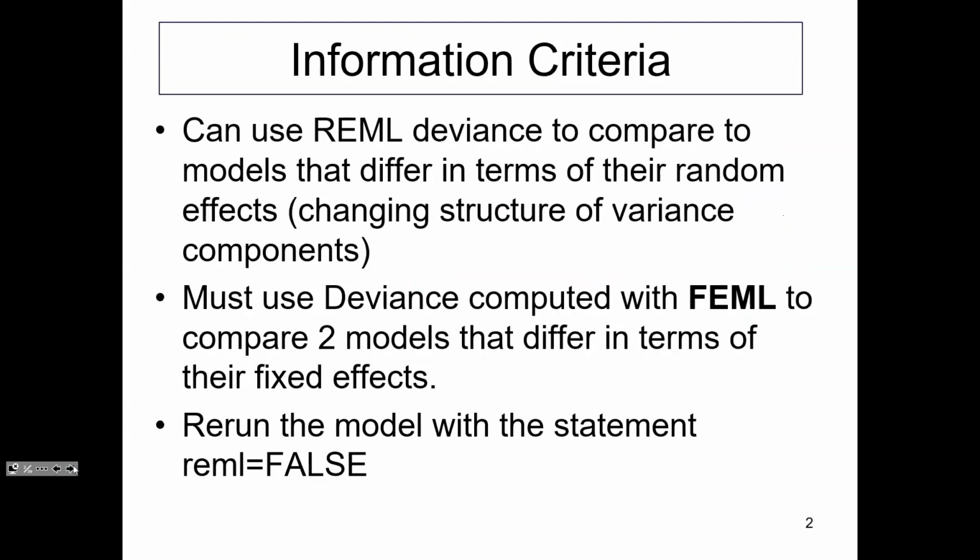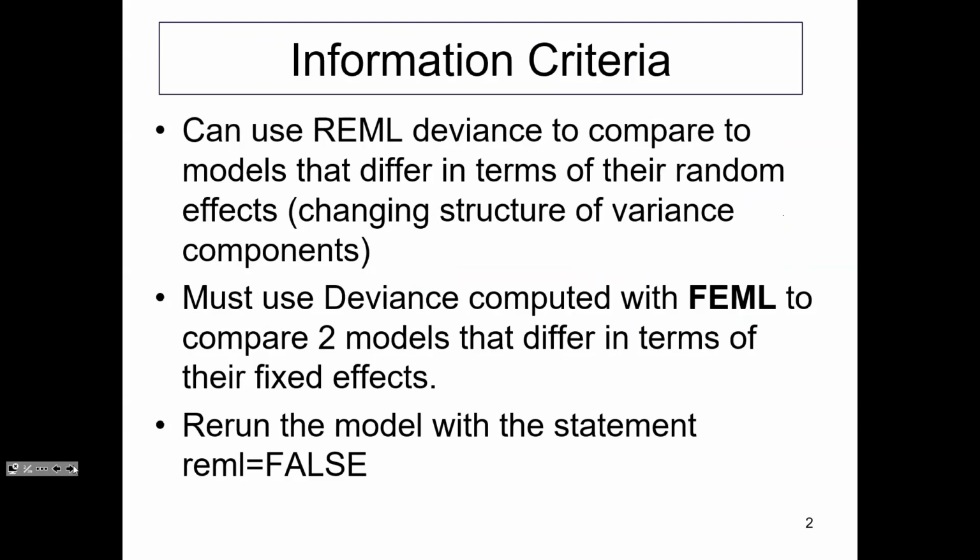I gave the analogy of computing the variance using the sums of squares divided by n versus divided by n minus 1. In a small sample, n minus 1 will give you a less biased estimate of the variance. You can think of REML as being that way.